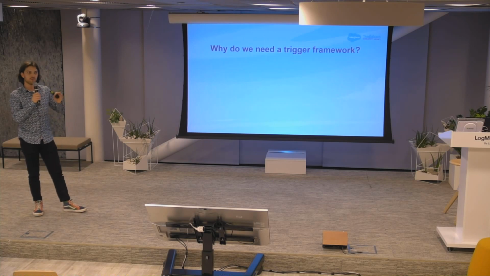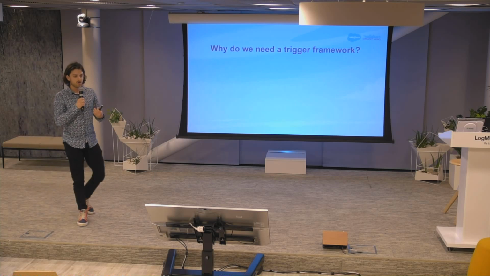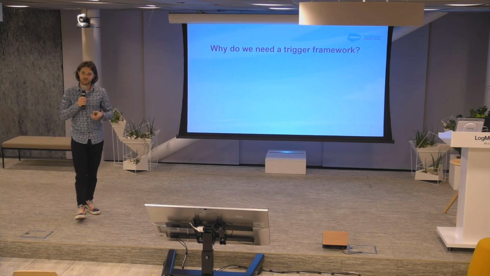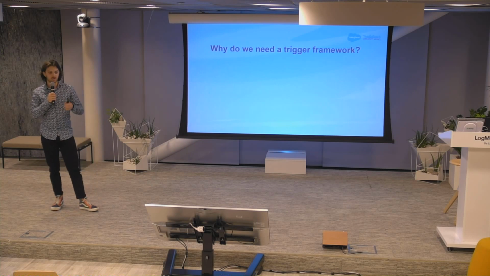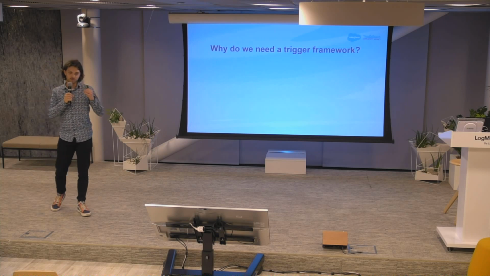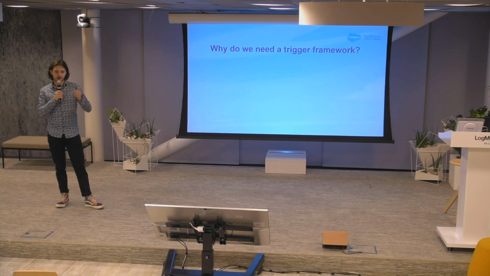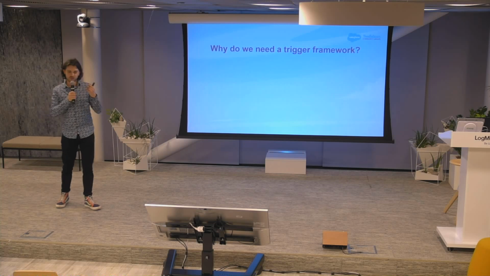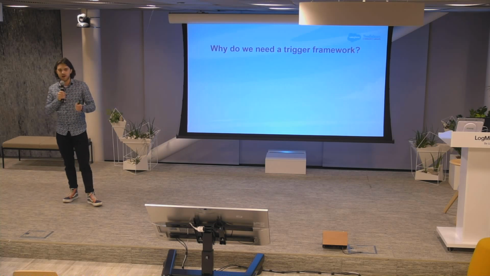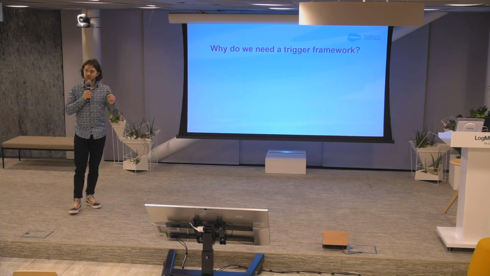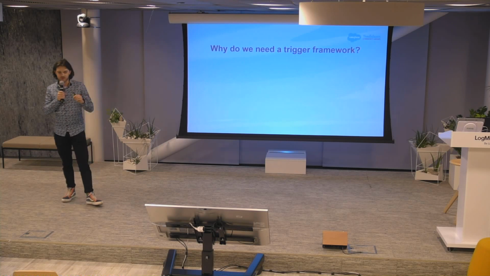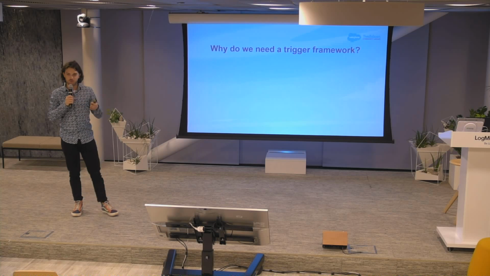Me as a developer get a request from the business side that if an account is created, I want to do this and this and this in the system. And if I don't think in a structured system or a framework, I make a new trigger, like making a new class. And if a new business logic is required, I will make another one, and this will be pretty messy.